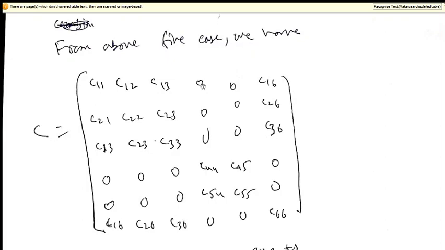C14 means C1114, one time 3. This is case number 1, so it will be 0. Again C15, case number 1, for C1115 is one 3. And this is C16, C1112, no 3.